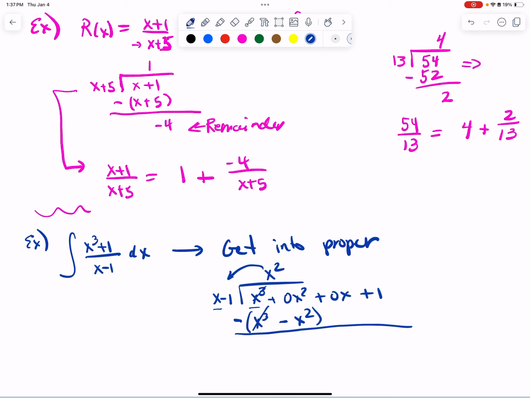So that becomes x squared, and then we can bring down the plus 0x, and we do this again. What do I multiply to x to give me x squared? And you would say plus x. I remultiply and line up, so then I get x squared minus x. I'm going to take that expression and subtract it.